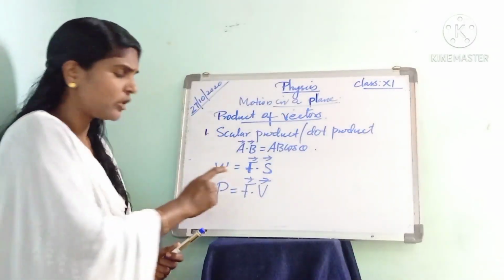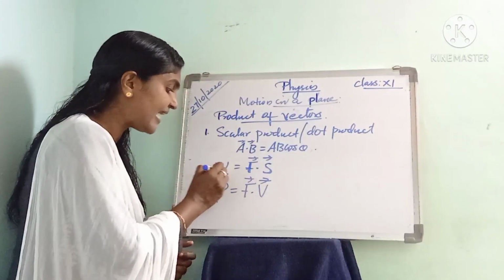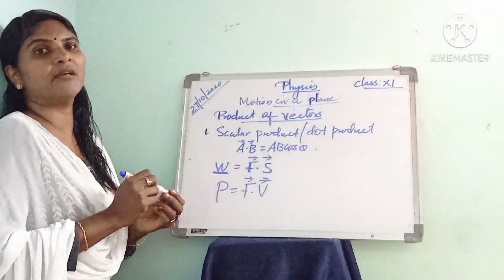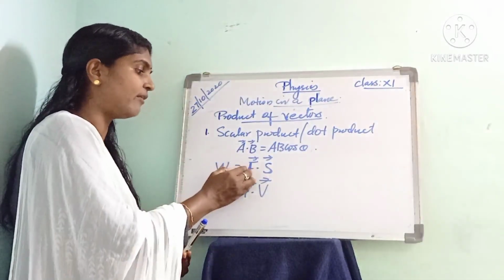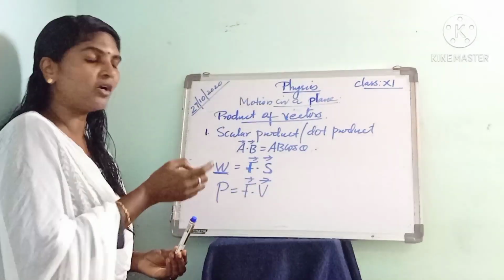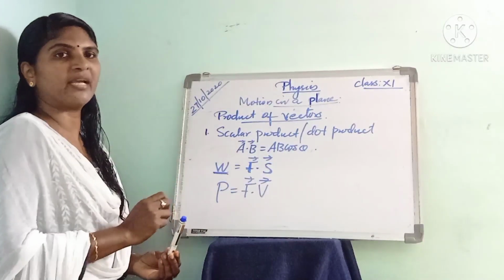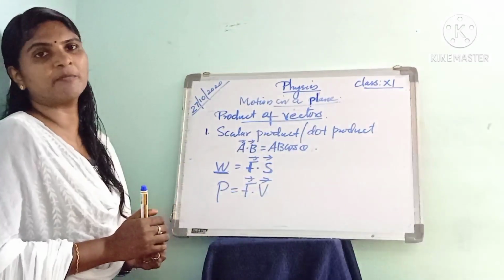Work is a scalar quantity. That means by taking the dot product of two vectors, we got a scalar quantity.